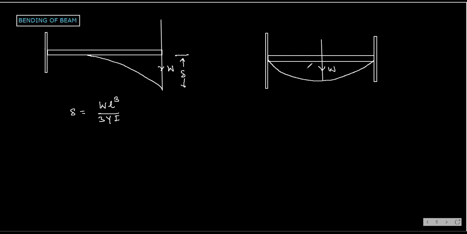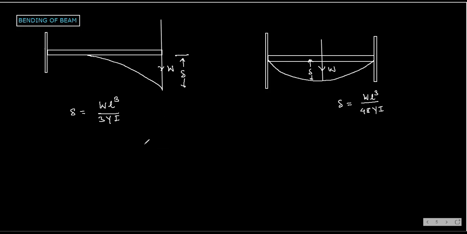Here it is W, and this is your delta. Then in this case, delta is equal to WL cube divided by 48YI. We have already learned this earlier, but this is in terms of Y and I. There we had taken b and d also into consideration.